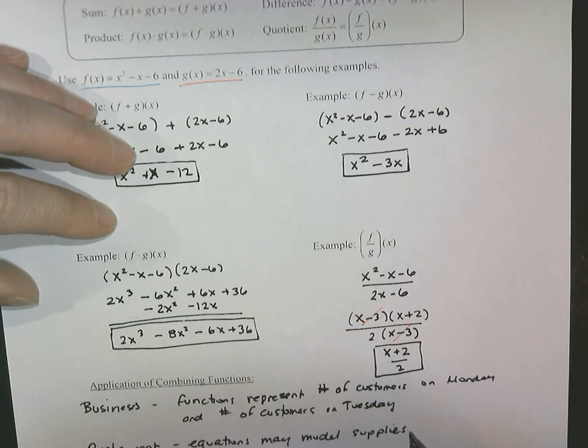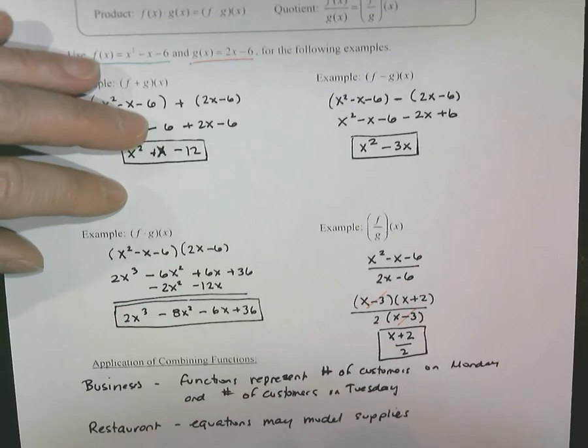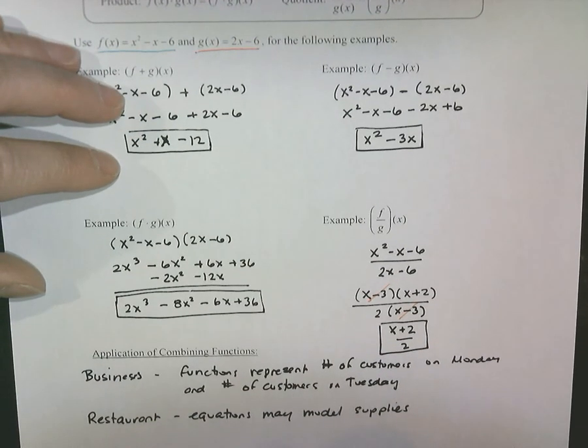So maybe you own Jersey Mike's, you own the one here in Culpeper, and you own another one in Fredericksburg. And you want to know how many steak sandwiches you sold. You could have an equation that models it. I know if you were to own a business, you probably wouldn't make up these equations and do this. But when you're running a larger business, there are people out there who do the math for the owners.